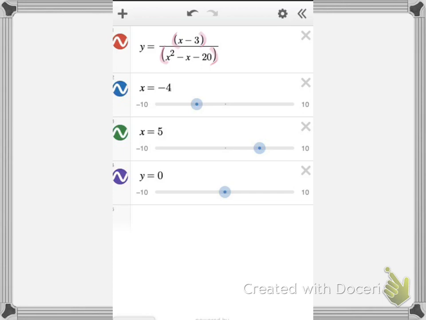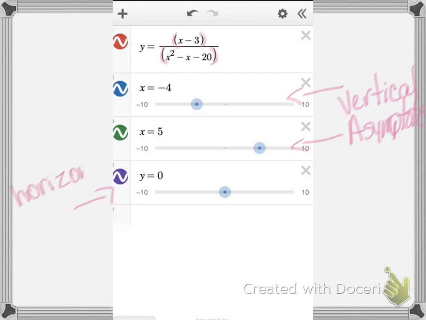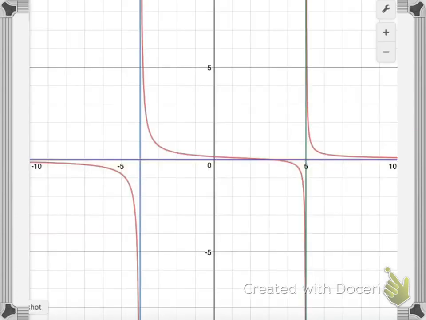Now, these are my x equals lines. Those are my vertical asymptotes because I want to see that on the graph. And here is my horizontal asymptote. Then our graph looks like this.